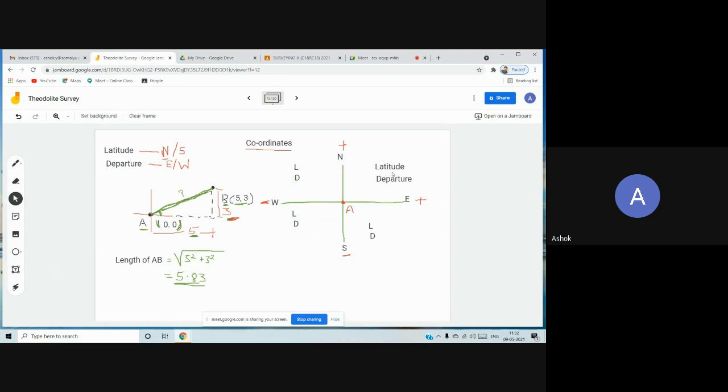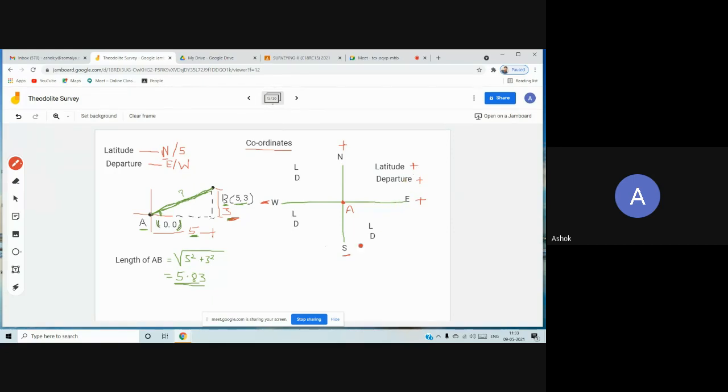Okay. So now, can you tell me, latitude in this coordinate will be plus or minus? Positive, right? Because it is north. Departure will be plus or minus? Positive, because it is towards east. This coordinate is the northeast coordinate. So latitude north is positive, departure east is positive.